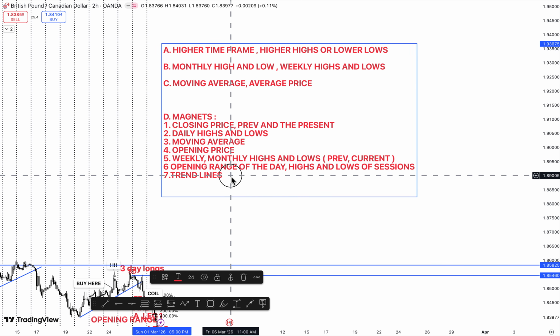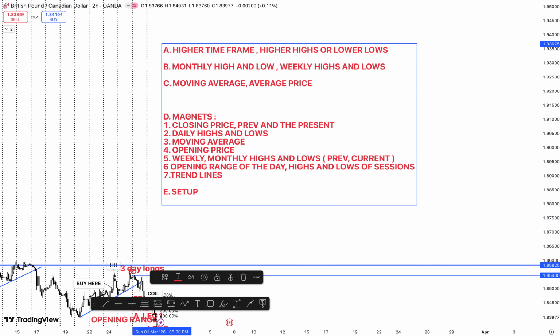Now, the next thing you want to pay attention to is having a setup. We want to know if we have a setup. Now, we have various strategies in the market.